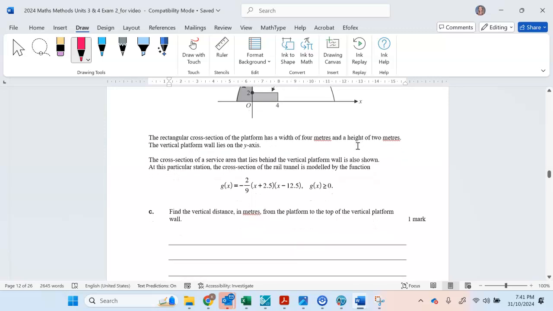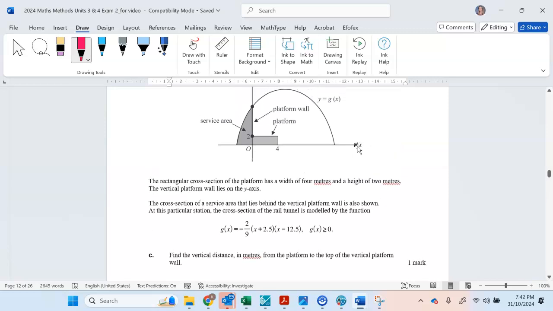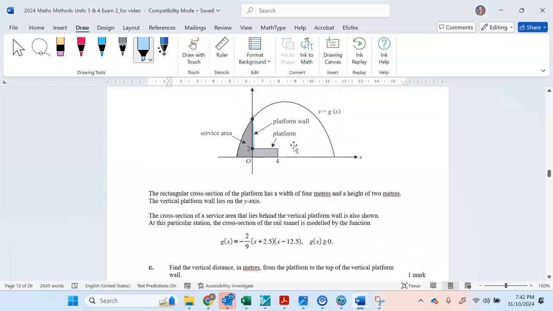Find the vertical distance in meters from the platform to the top of the vertical platform wall. I'm going to highlight it. What's this distance here? We know that's 2, so we just want the y-intercept of g of x.